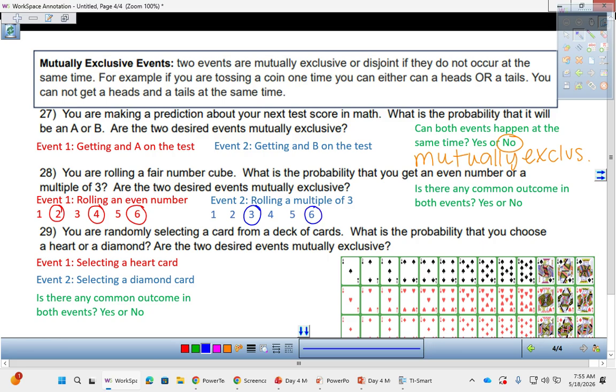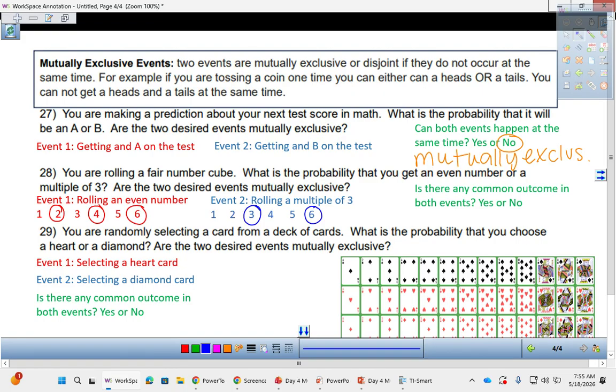So when I'm asking myself if they're mutually exclusive, I'm looking at each event and I'm seeing if they have anything in common. Is there something that's even that's also a multiple of 3? Do you see a number that's circled in both lists? 6. So can these two events happen at the same time? Yes. I can get an even number and a multiple of 3 on a single roll because I could roll a 6 and now I'm getting both.